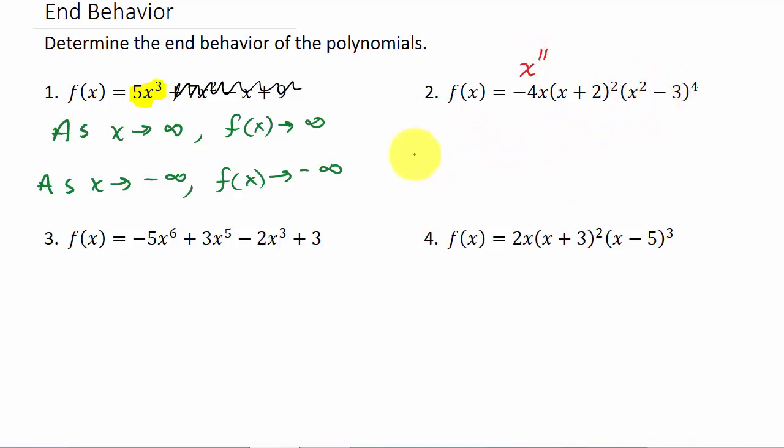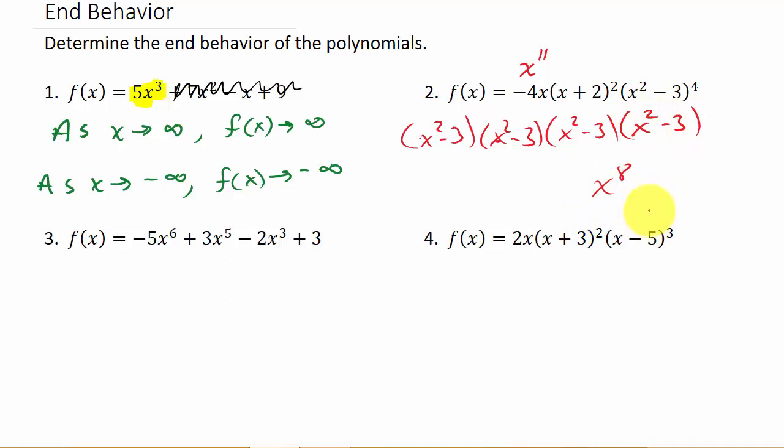If we take x squared minus 3 times x squared minus 3 times x squared minus 3 times x squared minus 3 and multiply this out, x squared times x squared is x to the 4th, times x squared is x to the 6th, and x to the 6th times x squared is x to the 8th. So that gives me the x to the 8th here.